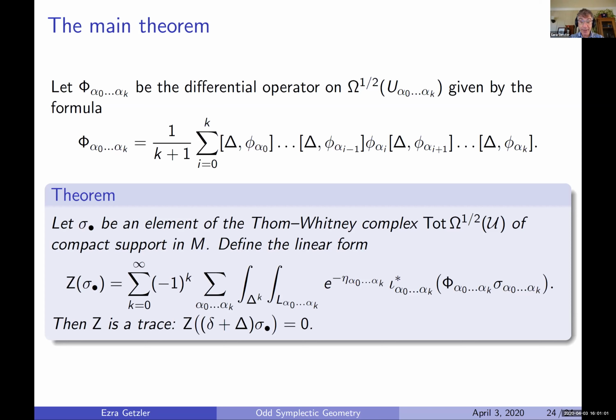And so I apply that to the appropriate component of the Thom-Whitney form, restrict to the appropriate family of my flexible Lagrangian, throw in the exponential correction term of the k-parameter family of Lagrangians, integrate over the Lagrangian, integrate the resulting differential form over the k-simplex, add all of that up over all of the indices, and then the final theorem is that that defines a trace. So that's our main result, and I'm hoping that this will find lots of applications in quantum field theory.